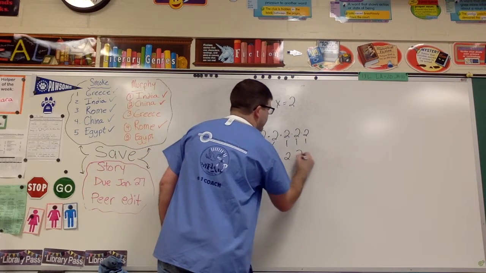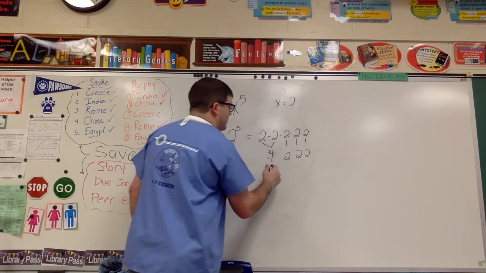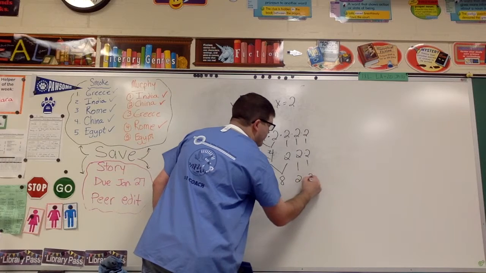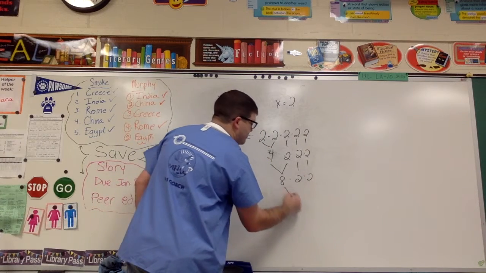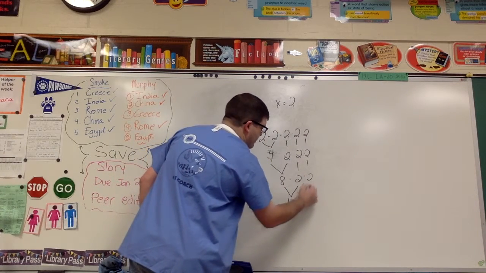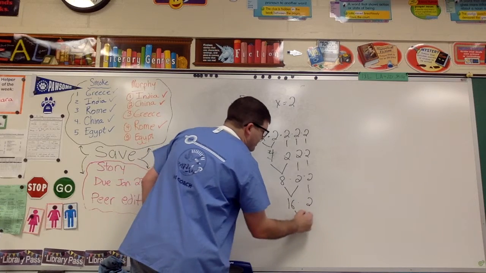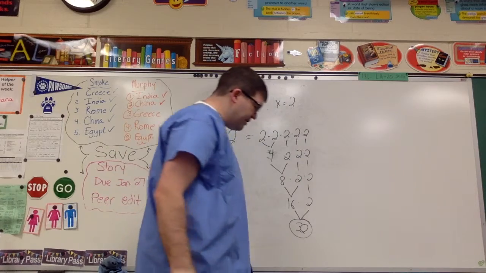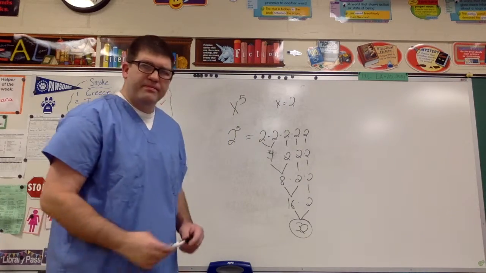Bring these down. Now I do this. 4 times 2 is 8. Bring these two down. 8 times 2 is 16. Bring that one down. And then I do this final thing, and I get 32. So Randy ran 32 laps.